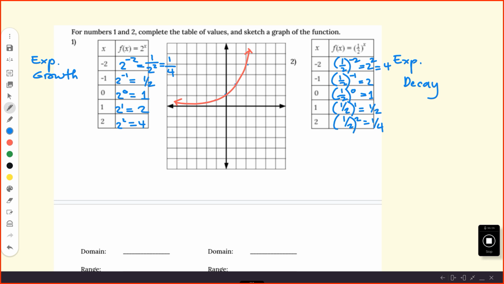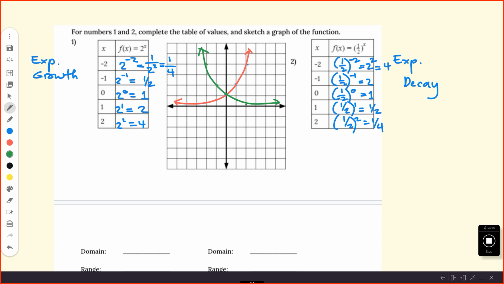So we can try to plot the points. Negative 2, 4. 1, 2, 3, 4. And then negative 1, 2. And then 0, 1. So we have the same y-intercept. And then 1, 1/2. And we got 2, 1/4. So connect the points, then we know the graph is going to look like this.